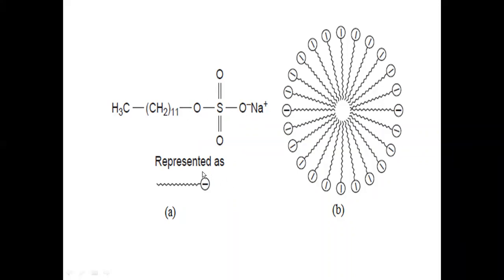This can be written shortly in this form: negatively charged head and hydrophobic tail. This is the head, this is the tail. A large excess of sodium dodecyl sulfate, the surfactant molecule, is added into the buffer, and that can be immobilized into the capillary tube.